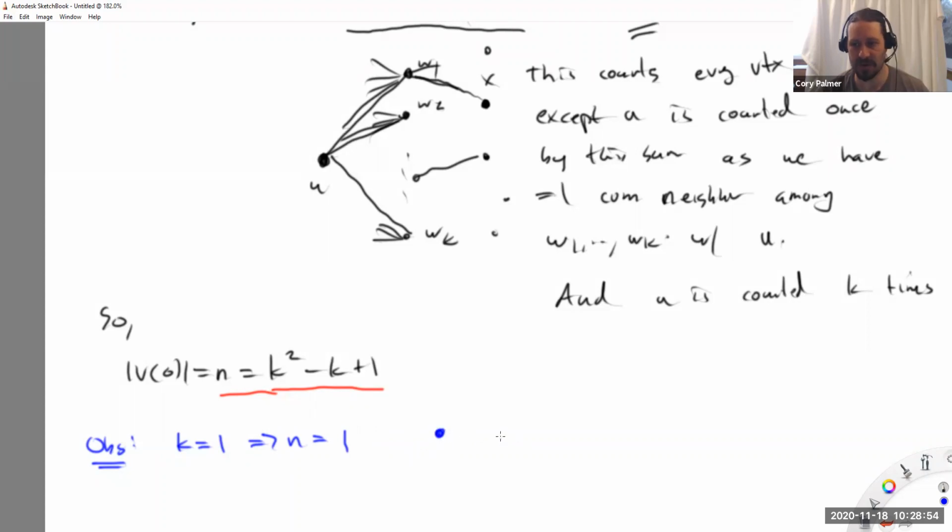And this single vertex can't be our contradiction for one of two reasons. Either we consider this a windmill graph, or it vacuously has a universal vertex, a vertex adjacent to all other vertices. But I would prefer to just state the theorem only for graphs that have more than one vertex. That would be another option.